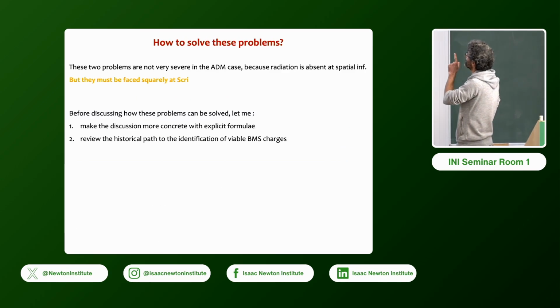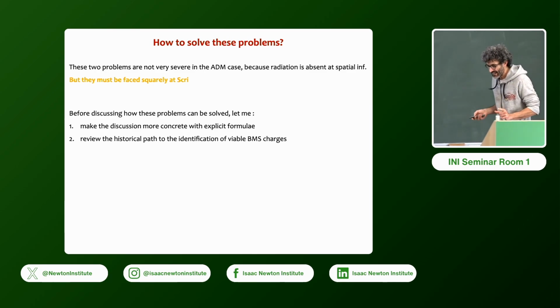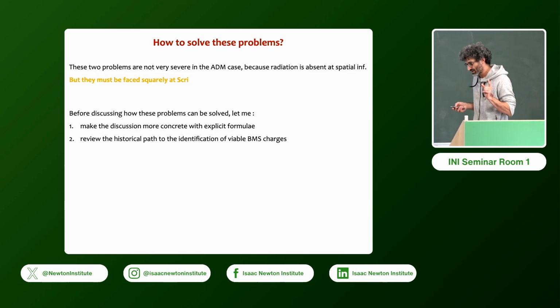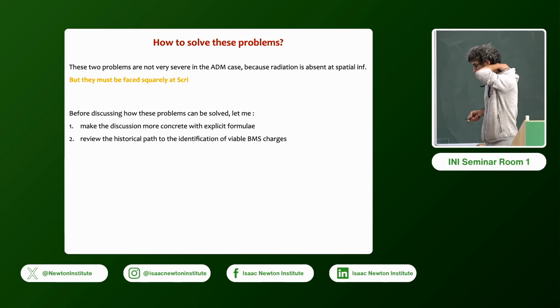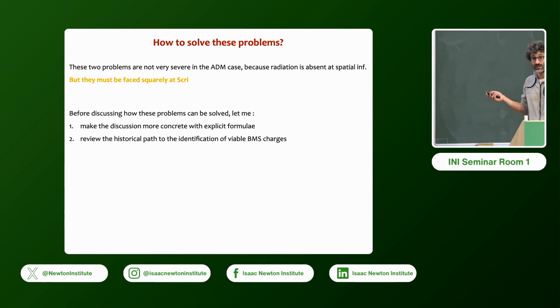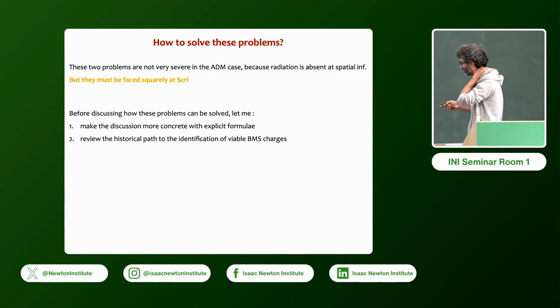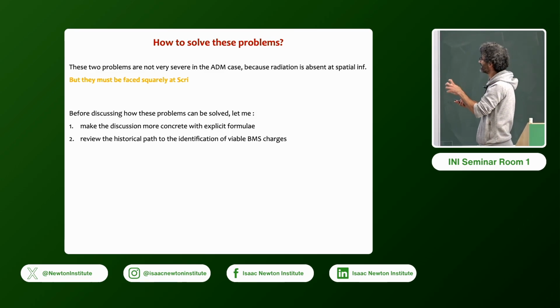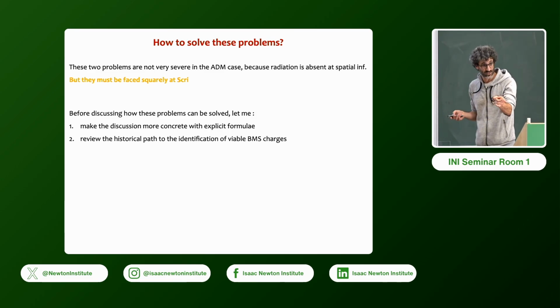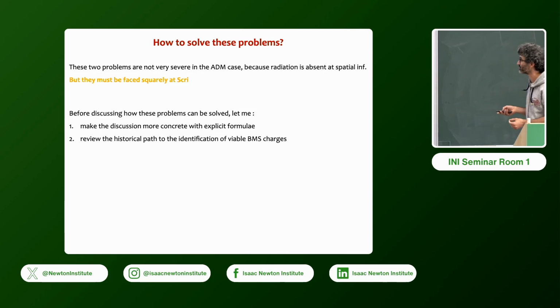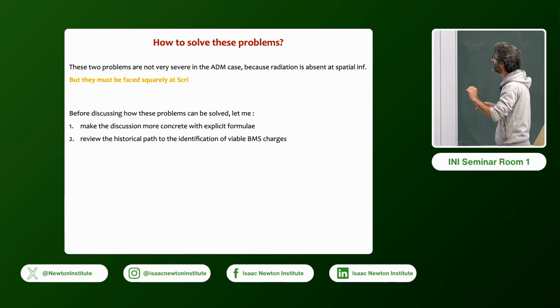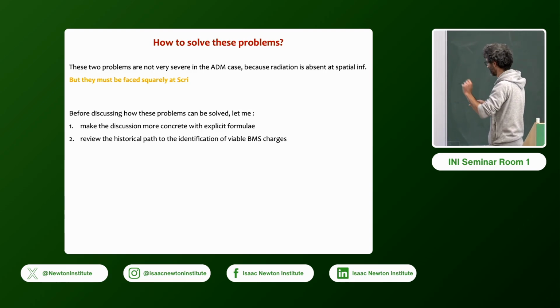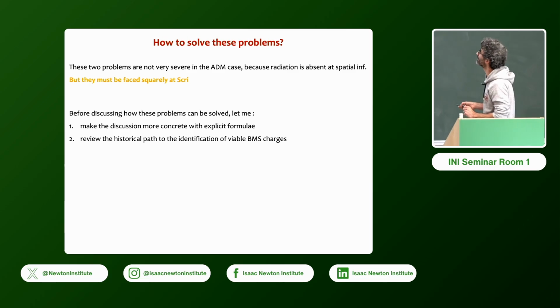So because of these problems, at the end of the day, people didn't approach constructing charges for the BMS group using Noether's theorem because these two problems were hard to solve. So I would like to first make the discussion more concrete with some explicit formulas, which will show you why it's important to choose the right theta, and then briefly review the historical path and how twistors were important there.